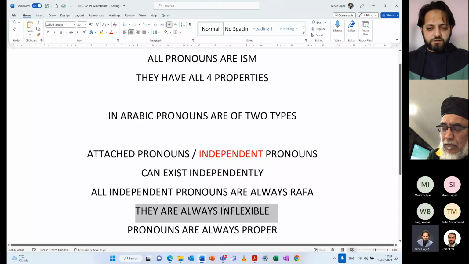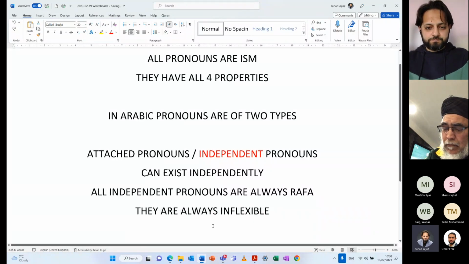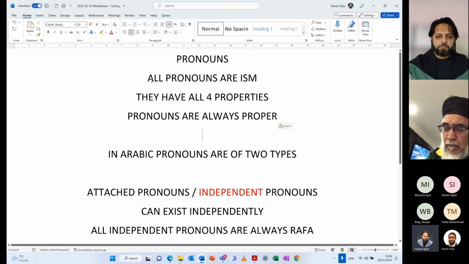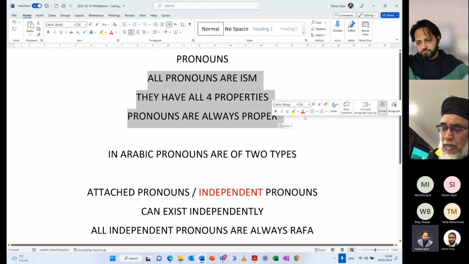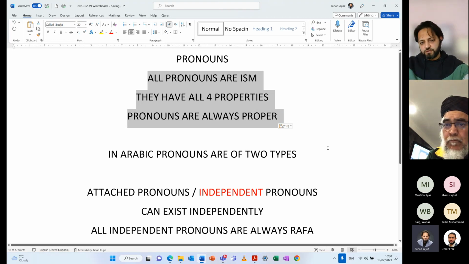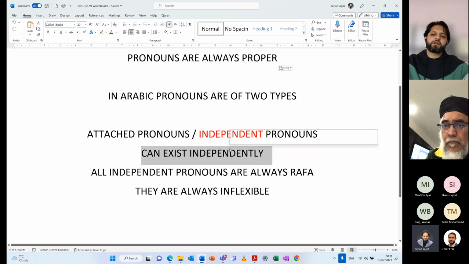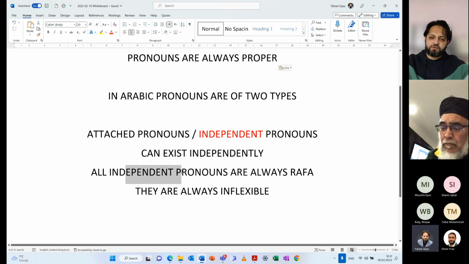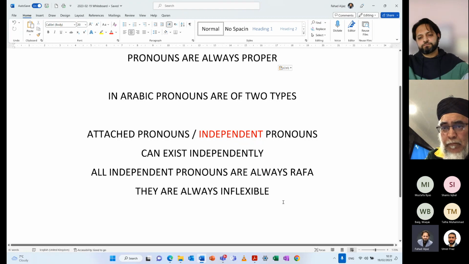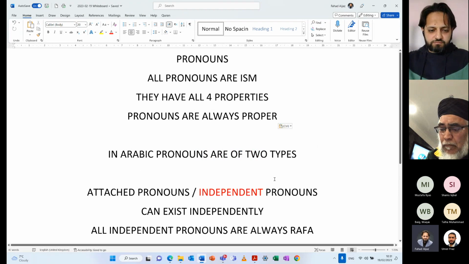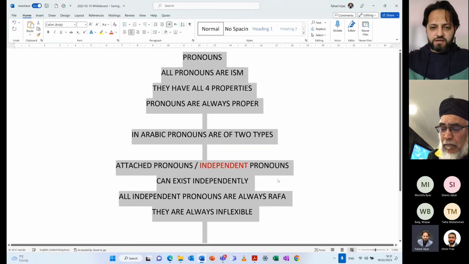They're always proper. These three things apply to all types of pronouns. Independent pronouns exist independently. They are always rafa, and they're always inflexible. Clear so far? Any questions? Anything that is unclear?